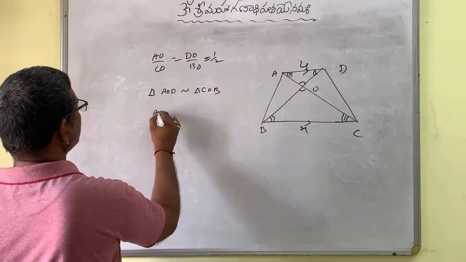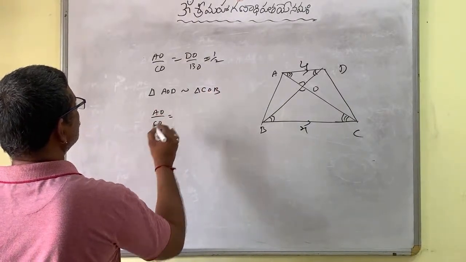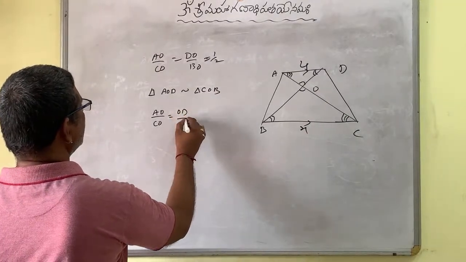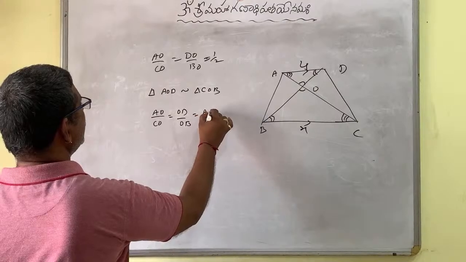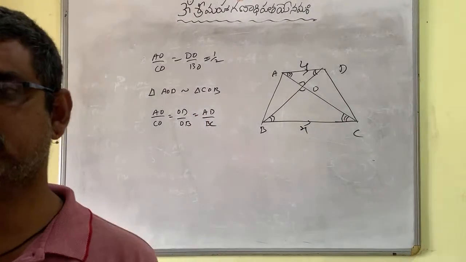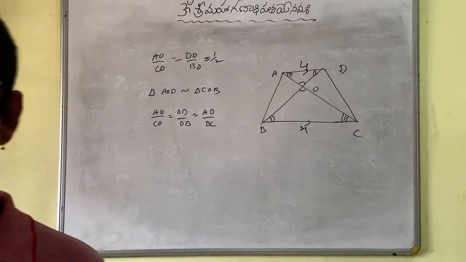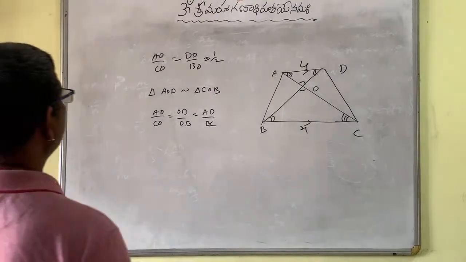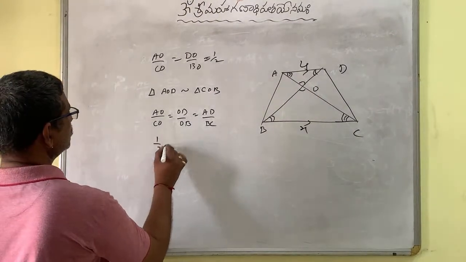Now write down the ratios. AO by CO equal to OD by OB equal to AD by BC. AA or AAA, whatever it may be. Now AO by CO is 1 by 2.